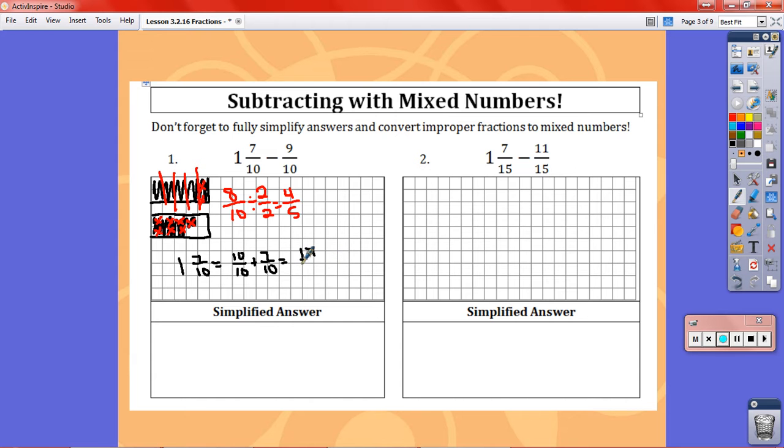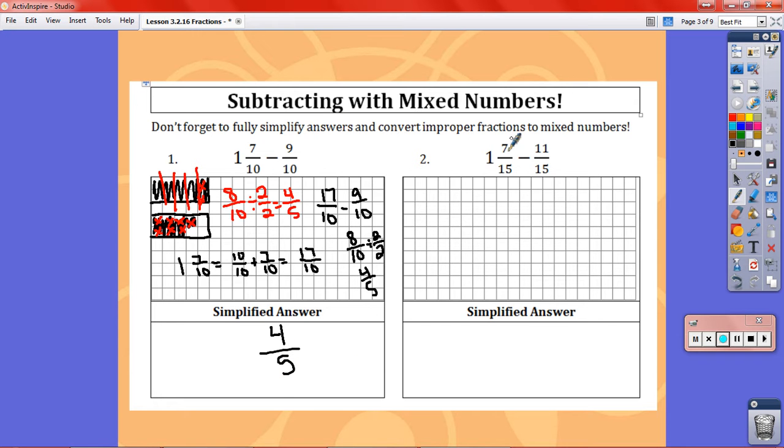And then when we do 17/10 minus 9/10, so 17 pieces, take away 9 pieces, gives us 8 pieces, 8/10. And then we just simplify and get 4/5. So our answer is 4/5.